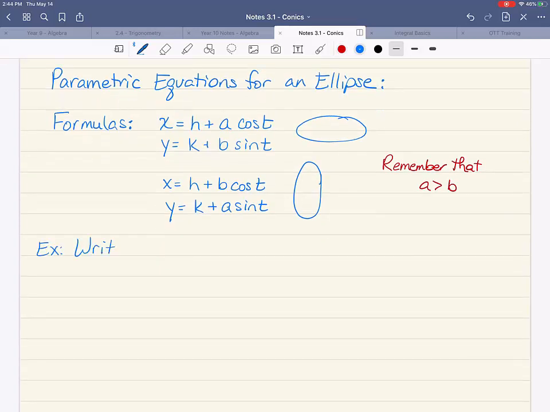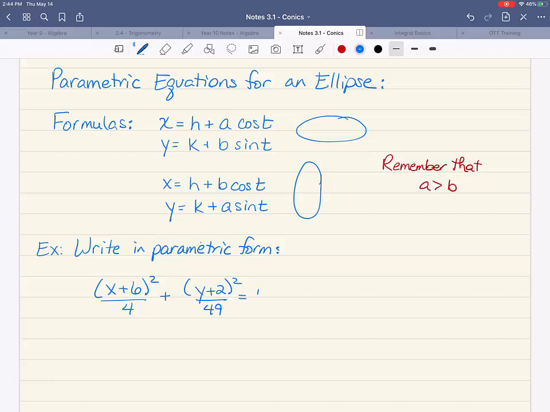The directions here will be write in parametric form. Our equation is going to be (x plus 6) squared over 4, plus (y plus 2) squared over 49 equals 1. When we did the parametrics with the circles, we wrote down the pertinent information out to the side, and then we were able to write our formulas down.